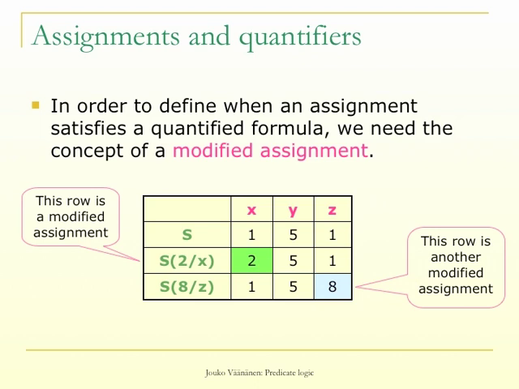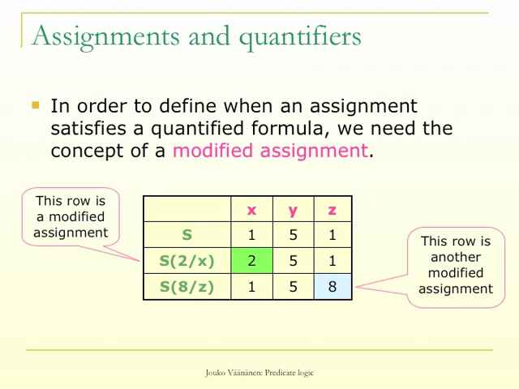In order to define when an assignment satisfies a quantified formula, we need the concept of a modified assignment. From any assignment s and variable x, and any element a of the universe of our structure, we can form a modified assignment s[a/x] as follows. Here is an example.